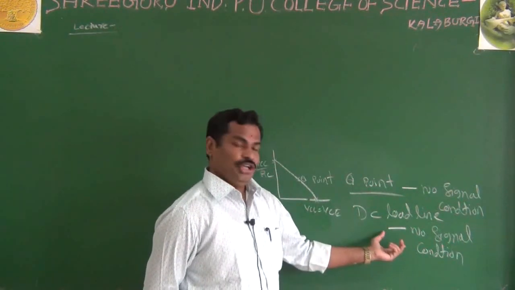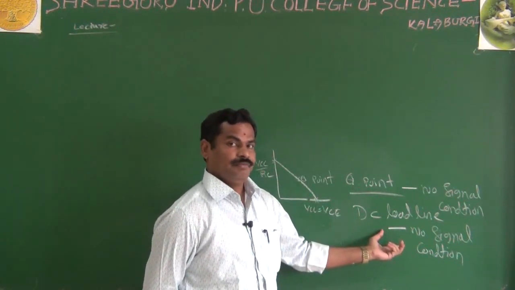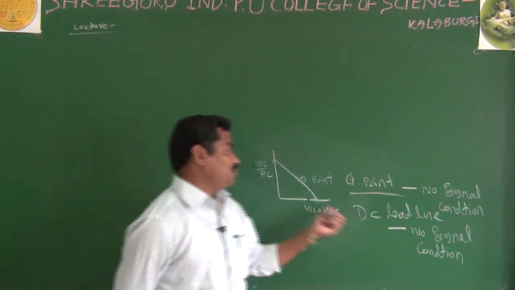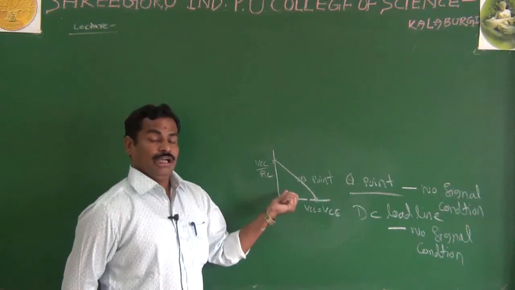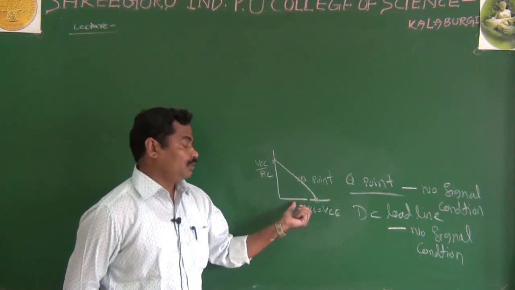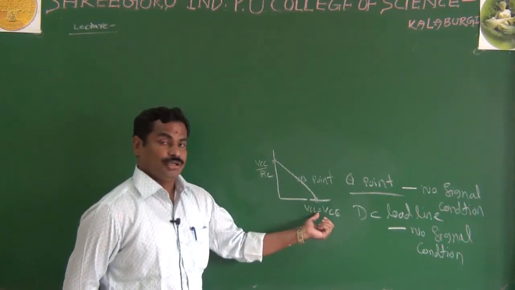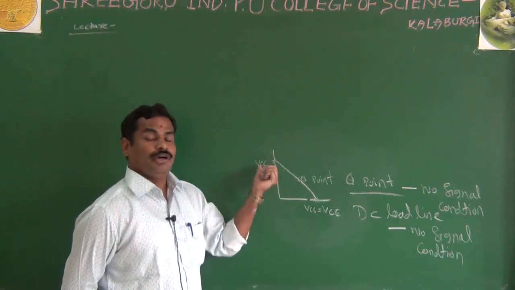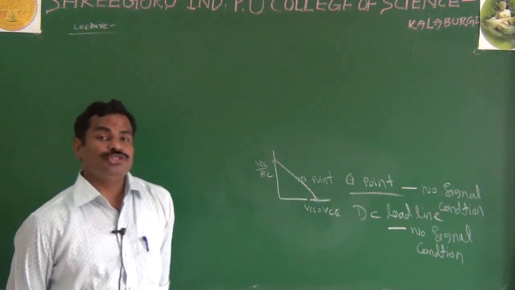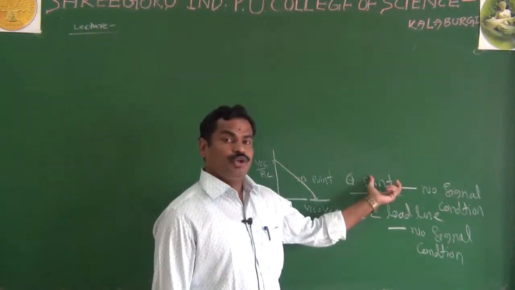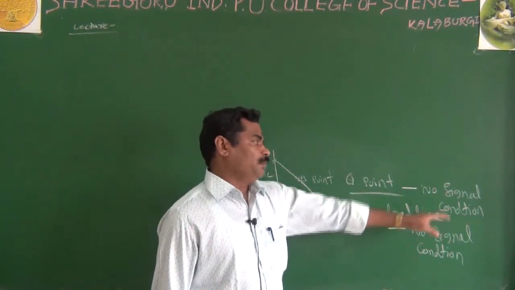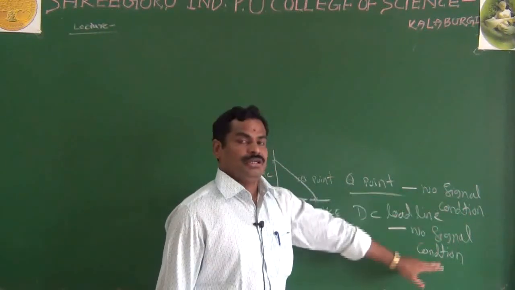What about the DC load line? As I said in the beginning, the DC load line is a line drawn on the output characteristics. It will also give you the different output voltages and corresponding different output currents with a zero signal condition. It means in both, whether the Q point or the DC load line, the important thing is the no signal condition.